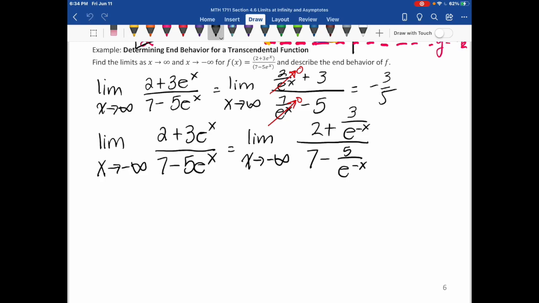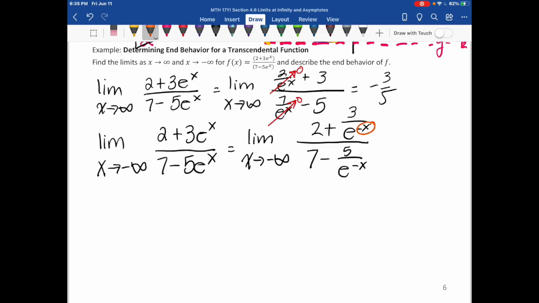Now the reason why I did that is now think about what values of x we're plugging in to find the limit. As we take the limit as x goes to negative infinity, we're plugging in really, really, really big numbers, but negative numbers. So when I plug those numbers in for x, I get a negative number, which turns positive.